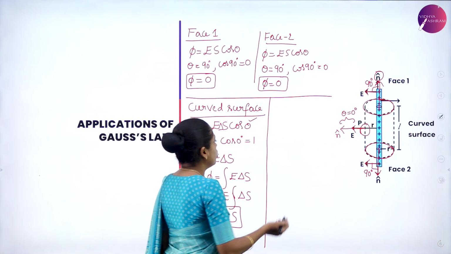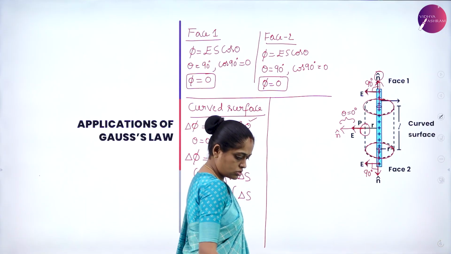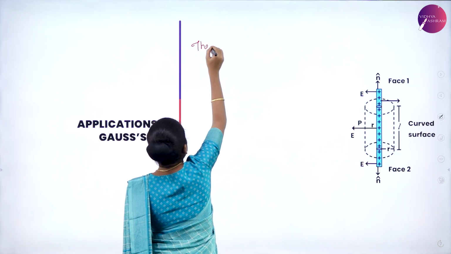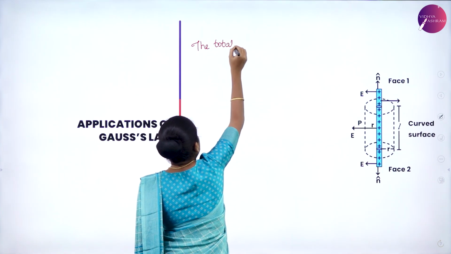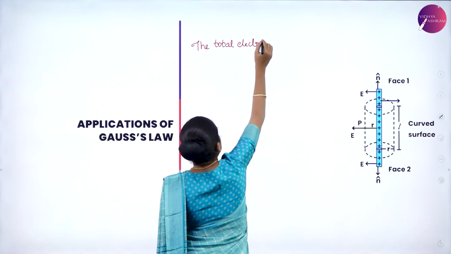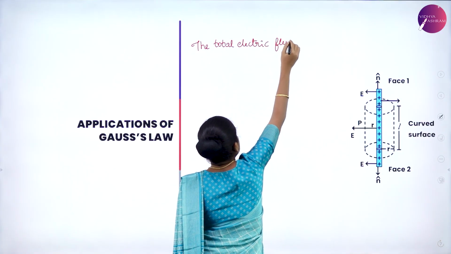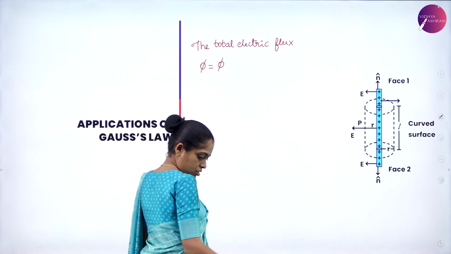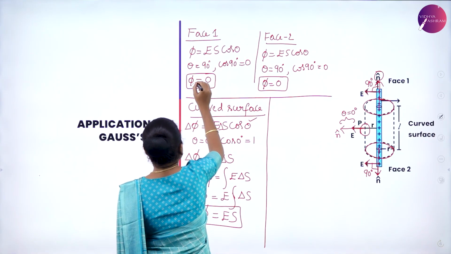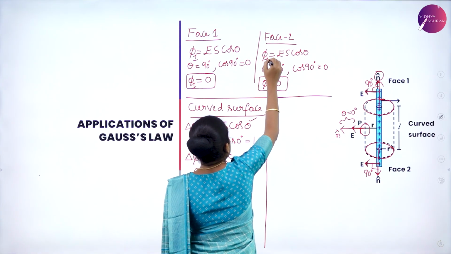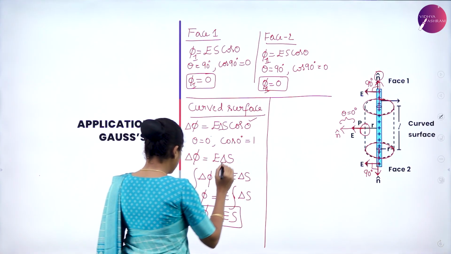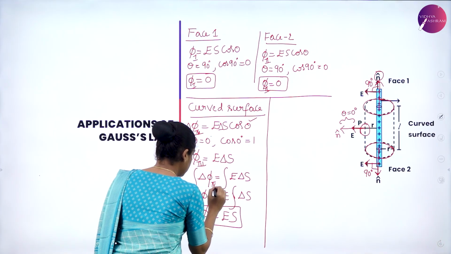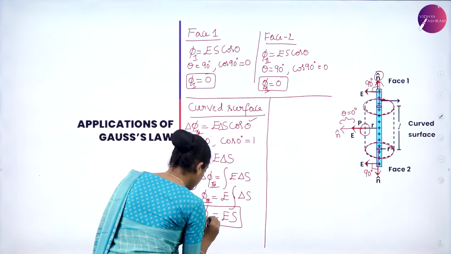We will add them to find the total electric flux. The total electric flux through the Gaussian surface, phi, is equal to: through face 1, let us mark it as phi 1, face 2 as phi 2, and through the curved surface as phi 3.